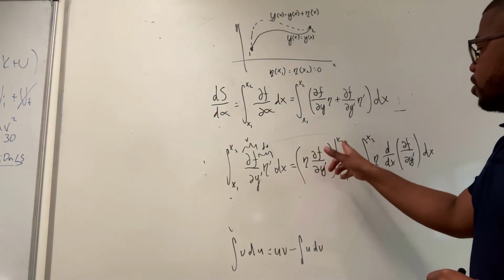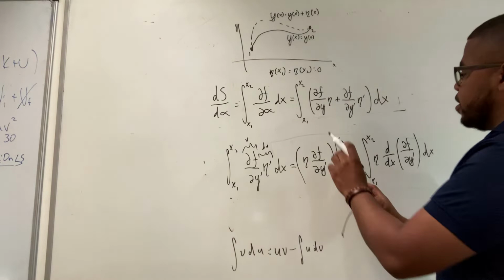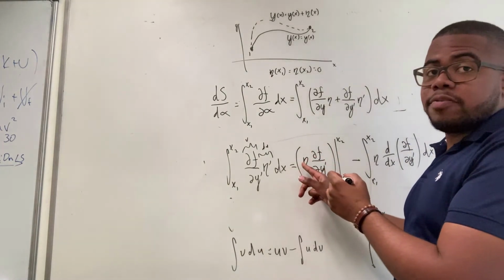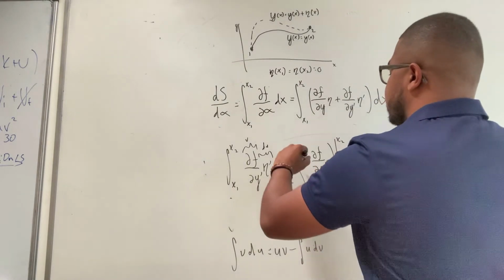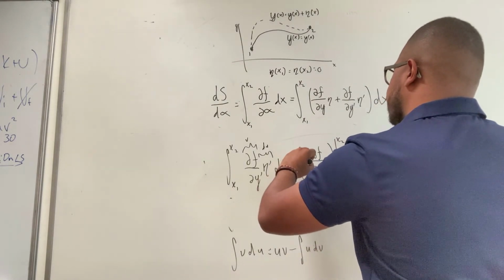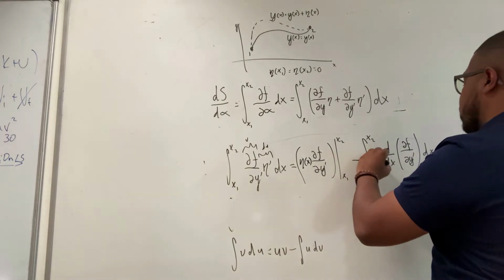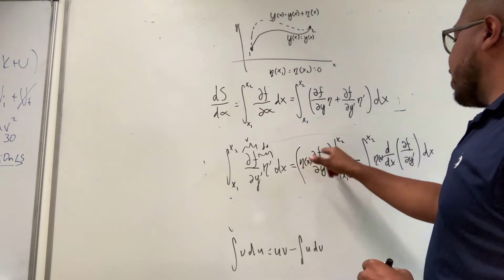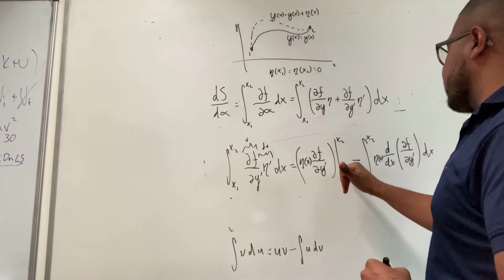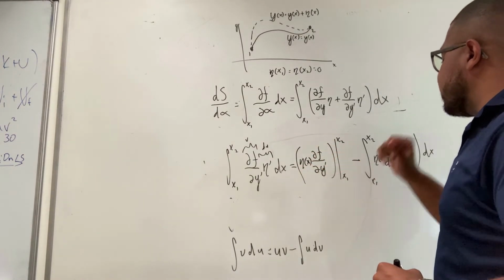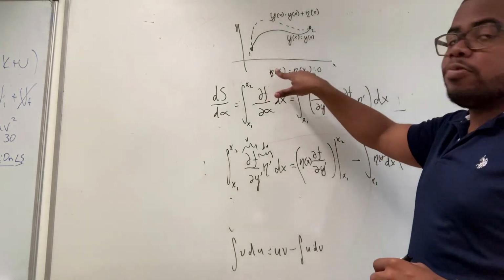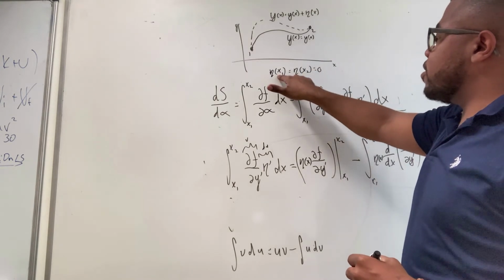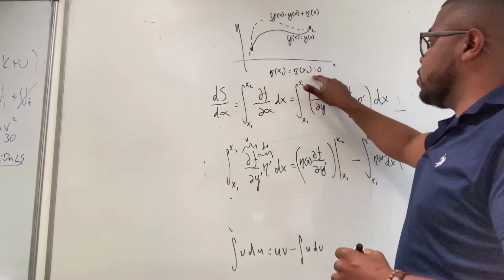So this is a very peculiar expression, which we can now simplify by noticing the following. For the x values, we have eta right here, which is technically eta of x. If we take eta of x2 times this minus eta of x1 times this, we can go back to our boundary condition in which we said that eta of x2 is equal to eta of x1, and in both cases it's equal to 0.